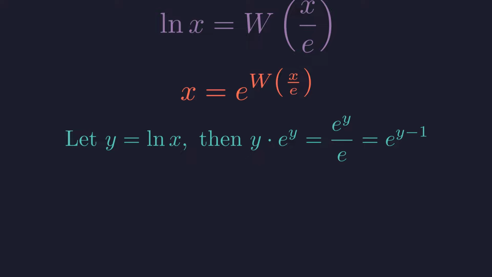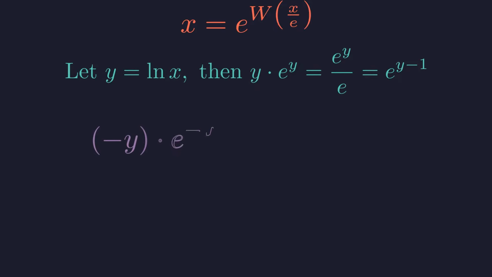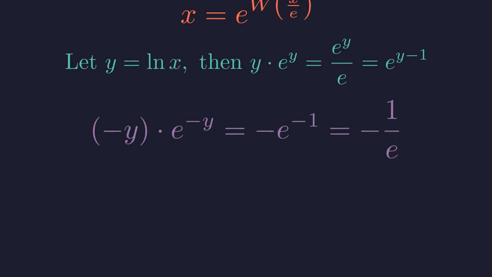Then our equation becomes y times e to the y equals e to the y minus 1. We're getting closer to the Lambert W form, but we need to massage this a bit more. If we multiply both sides by -1 and rearrange, we get negative y times e to the negative y equals -1 over e. Perfect. This is exactly the form we need for the Lambert W function.